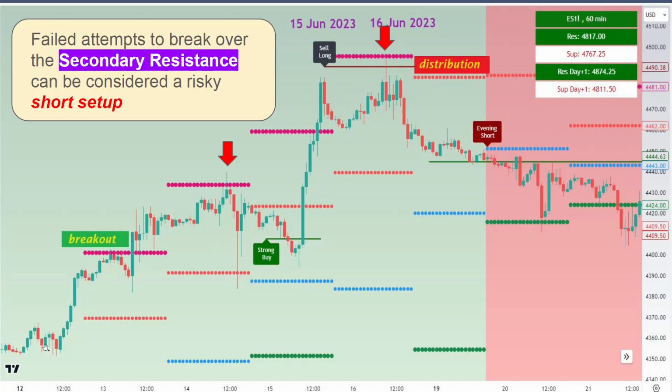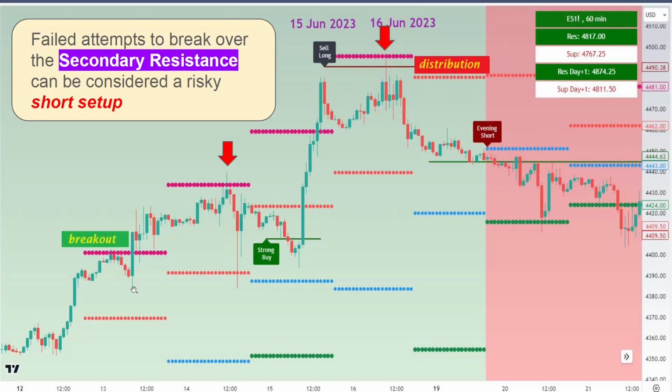So this is where price goes up and it hits the secondary resistance, the purple line, and you could try to short it, but soon enough your short will be taken out when price goes over the purple line again. This is why I say that the test of the purple line can be used as a short setup, but it's a risky short and you should be prepared to cover your short as soon as it drops after 2, 3, 4 candles.